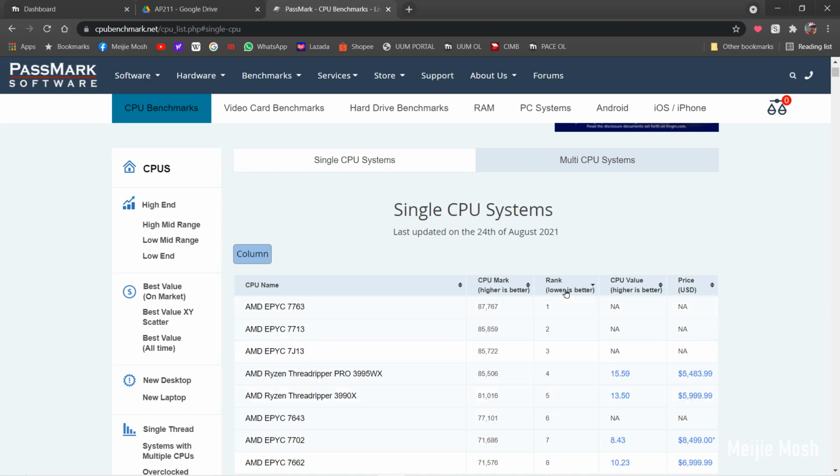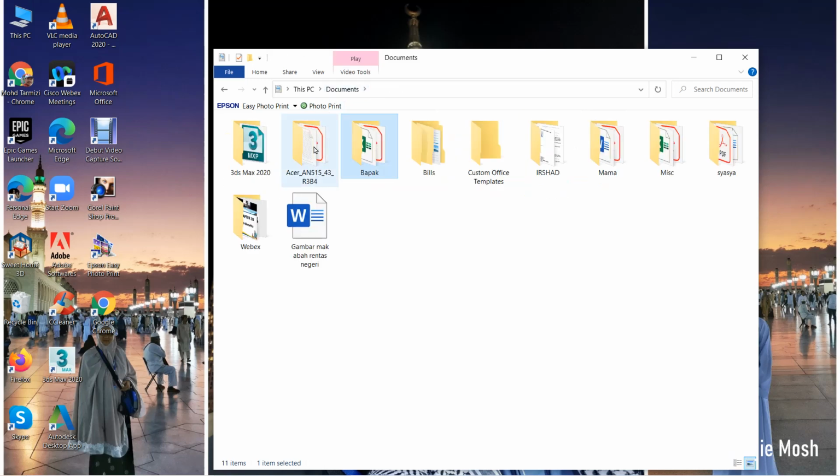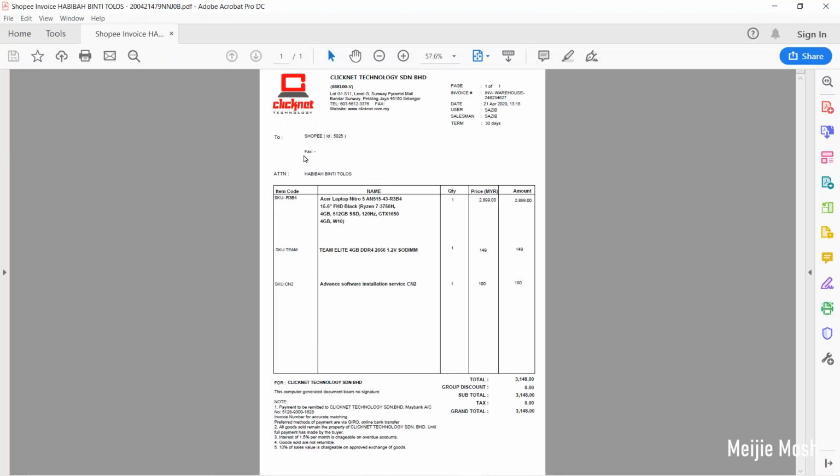As an example, my computer I bought last year in April, on 21st April 2020, and the price is 3,148.